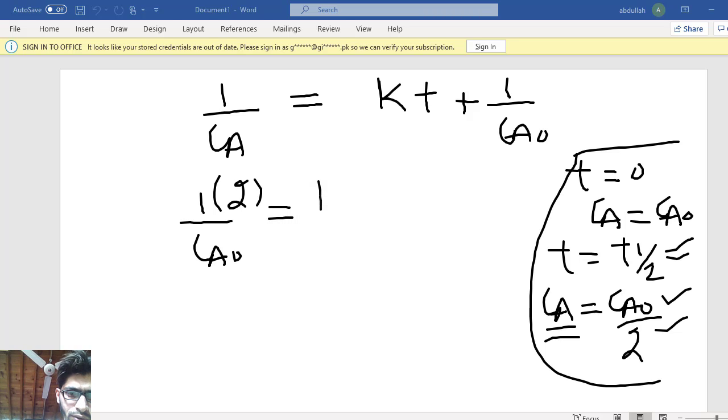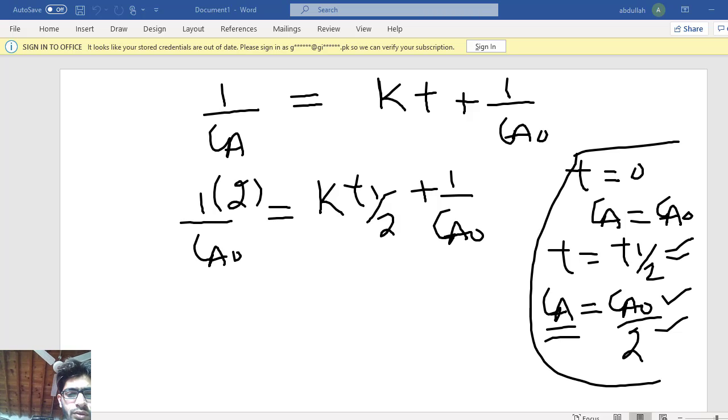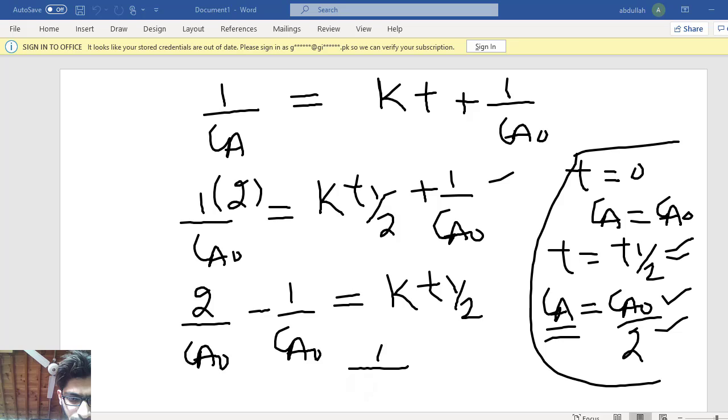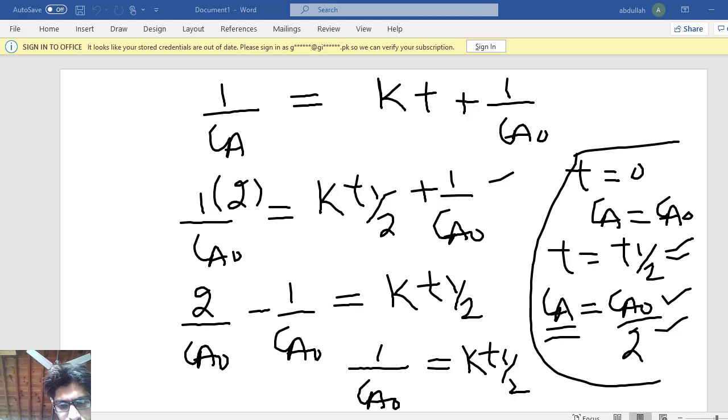It is equal to the rate constant times the half-life, plus 1 over C_A naught. With further simplification, this is equal to 2 divided by C_A naught minus 1 over C_A naught, which is equal to k t half.